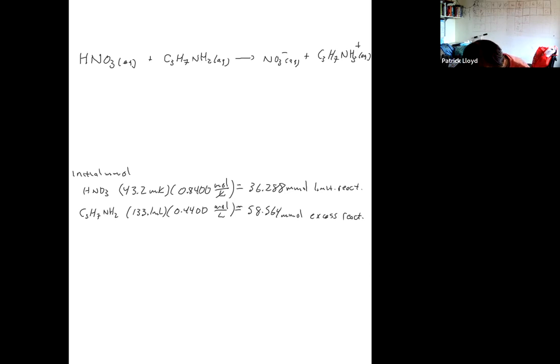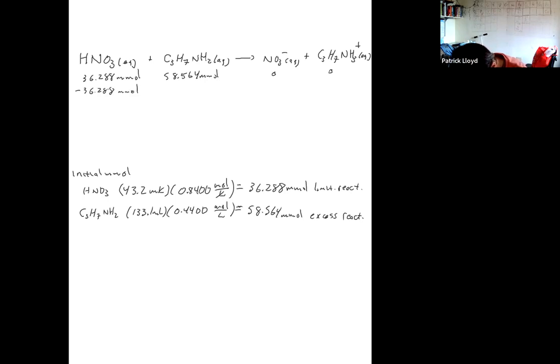So I'm going to write our initial moles here. For the HNO3, 36.288. And for the propylamine, 58.564. These are 0 to begin with. Then they react. The acid reacts with the base. Subtract the smaller from each one, the limiting reactant.